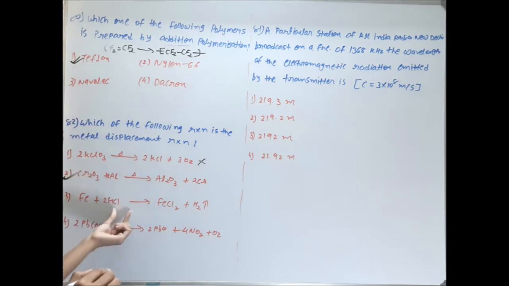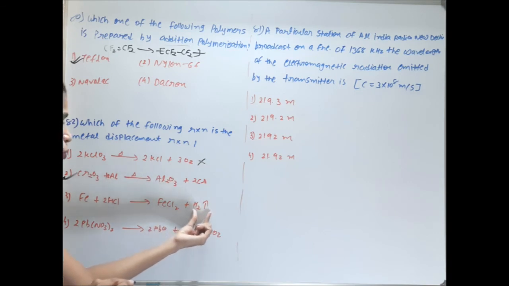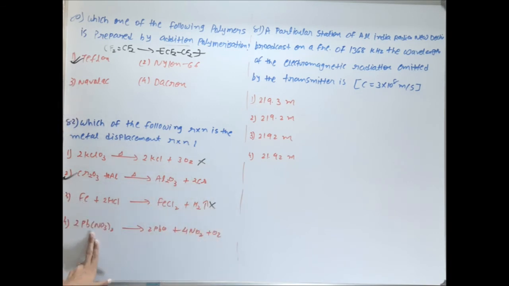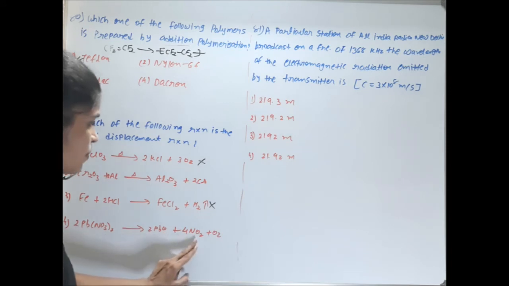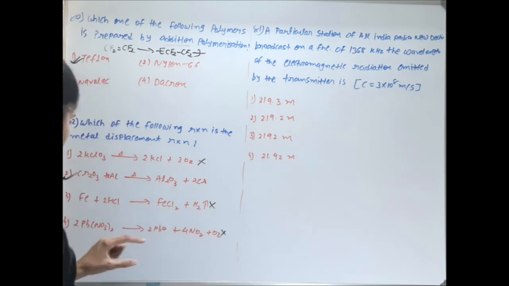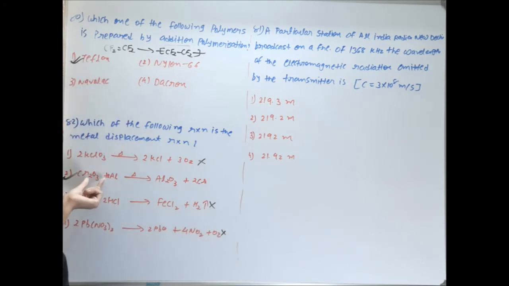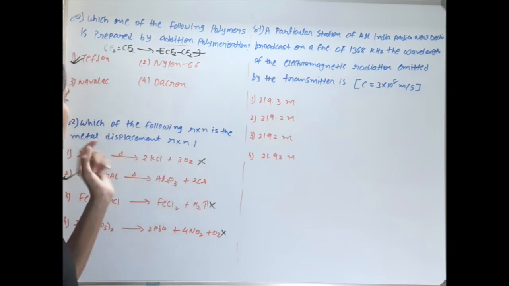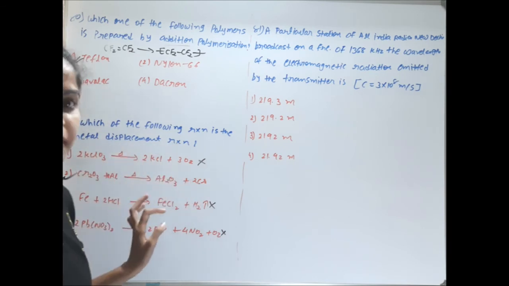Next is Fe plus HCl converted into FeCl2 plus H2. No, this is not the right option. And the fourth is Pb(NO3)2 giving PbO plus NO2. This is a decomposition reaction, so it is wrong. So the right option is Cr2O3 plus aluminium converted into Al2O3 plus 2Cr. This is the displacement of the metal.